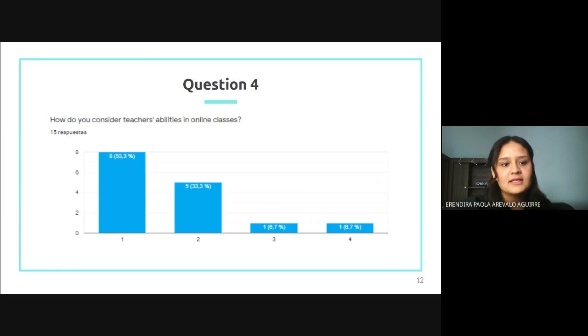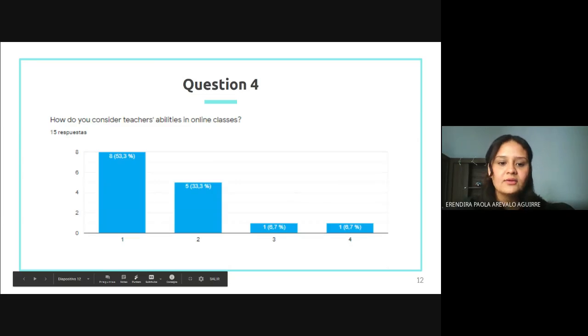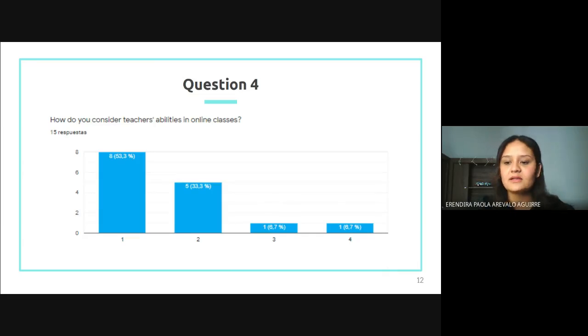Thank you. As far as question 4, which was, how do you consider the teacher's abilities in online classes? We chose this question to see the influence that teachers have in actual online classes. The results show that the majority of the students, 53.3%, consider that the teacher's abilities are very good. 33% show it is good, 6.7% chose that they were bad, and another 6.7% show that they were very bad.